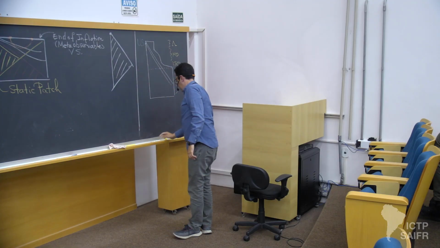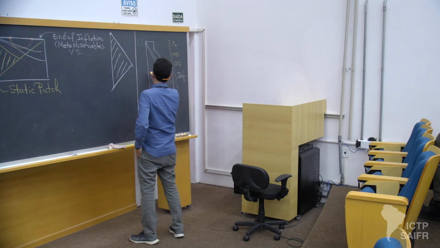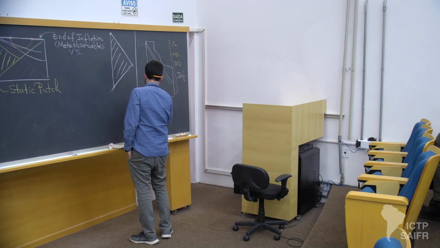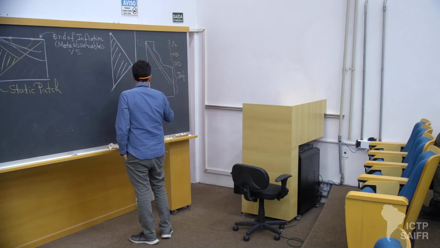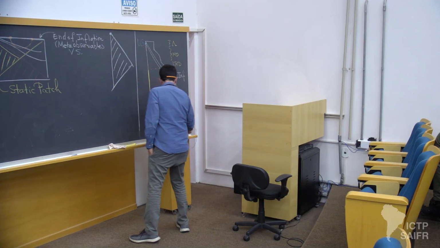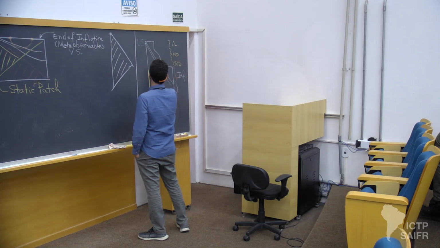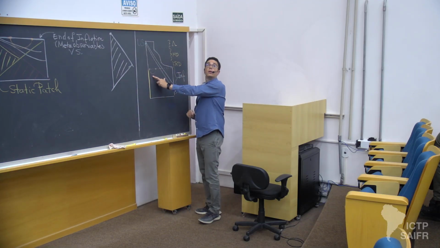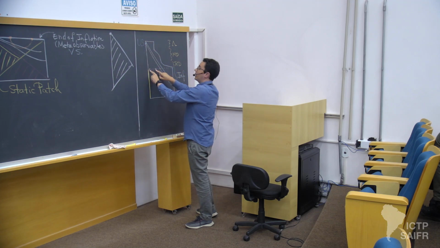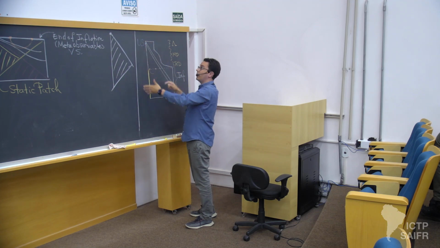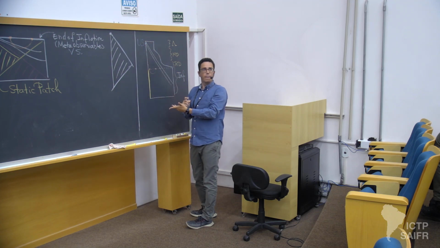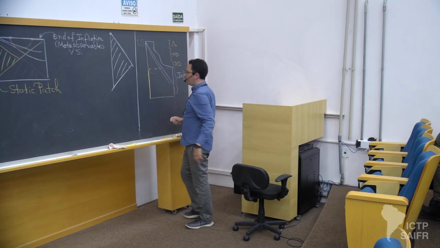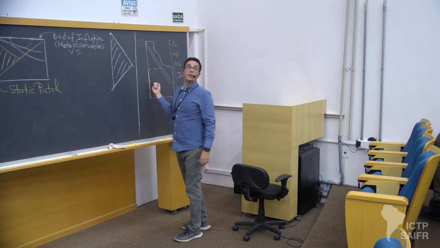But you see now, from the point of view of a static observer, during inflation, there are correlations that are imprinted over long distances that I would not be able to measure. But from this point of view, I can totally measure them because they are within my light cone. Okay? So we are meta-observers of this de Sitter phase.